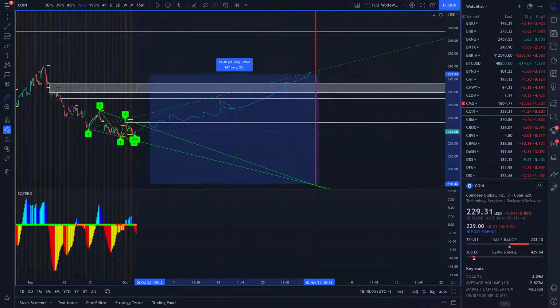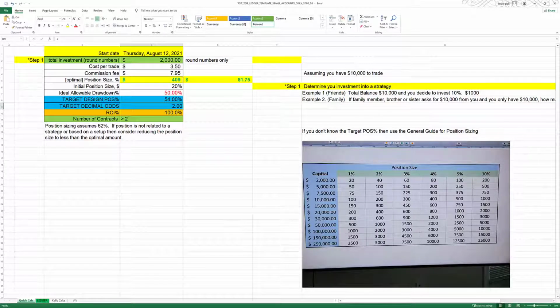So as soon as it moves up 100, you close off one and then see if the second one, which is now pretty much a freebie, makes it up to 275. And if that happens, then you'll be up about, the contracts will go from $2 to $6.